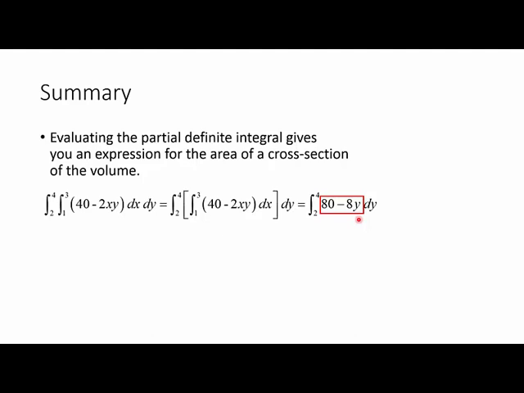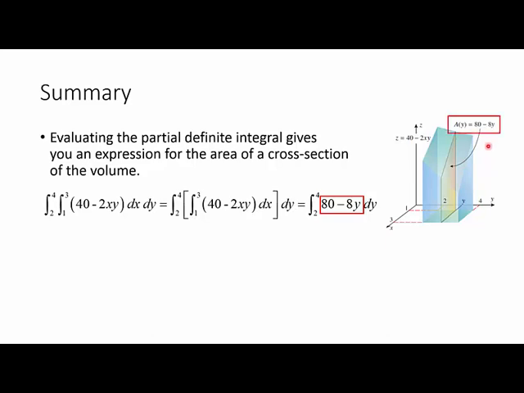And what does 8y mean? 8y is the area of the cross-section at any value of y. So choose the value of y between 2 and 4 and substitute it into this expression, and you will get the value of the cross-section at the particular value of y that you have chosen.